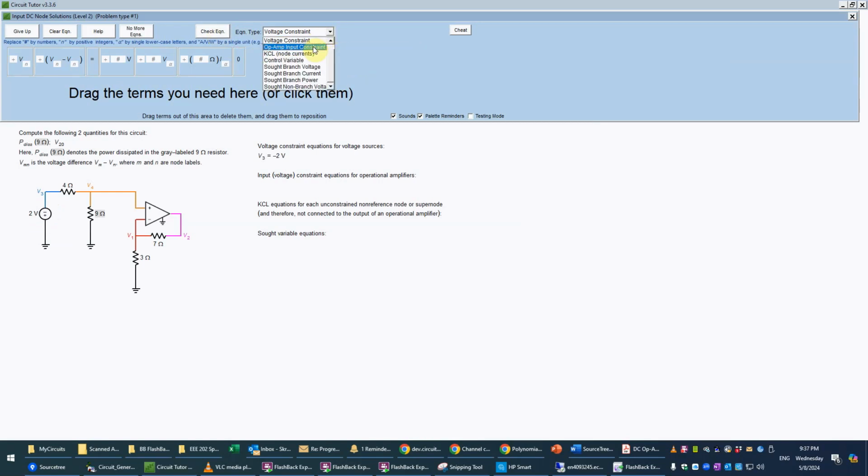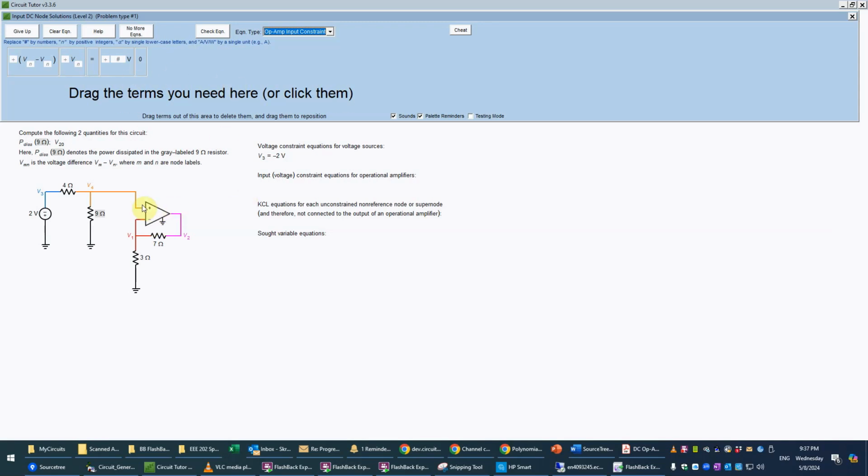Then the second type of equation that we always need for op amp circuits is what we call the input constraint equation, which basically establishes the fact that due to the negative feedback and the very high gain of the op amp, it maintains its two inputs at the same voltage. Not any specific value, but just the same voltage. It's as if there's a virtual short here, except that that short between the inputs does not carry any current. As I said, there's no current into or out of each of these inputs.